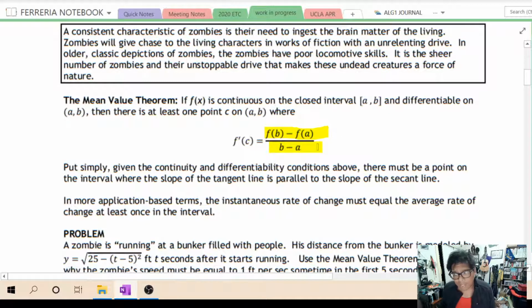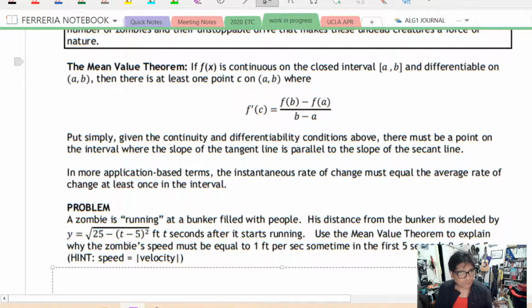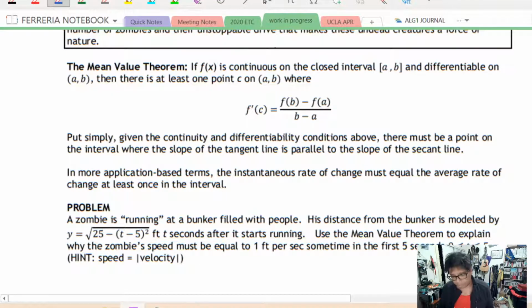And when you do that, hopefully every algebra student will recognize that as a slope. So what we're saying is that the derivative is equal to the slope of that line that connects the endpoints together. So let's do some kind of a drawing here.